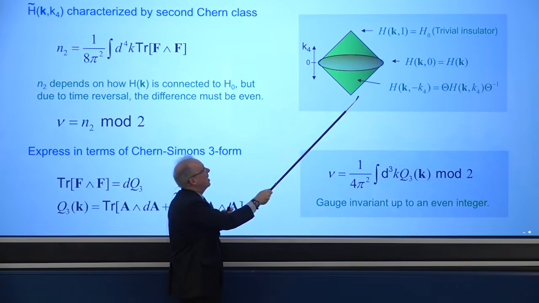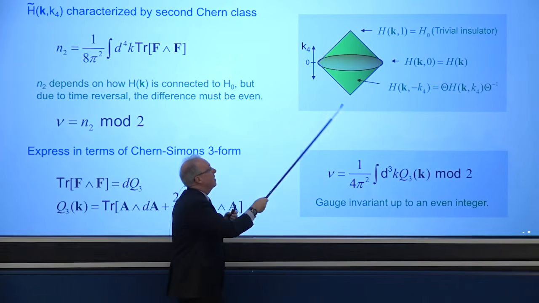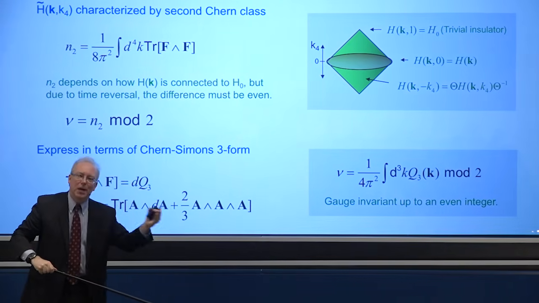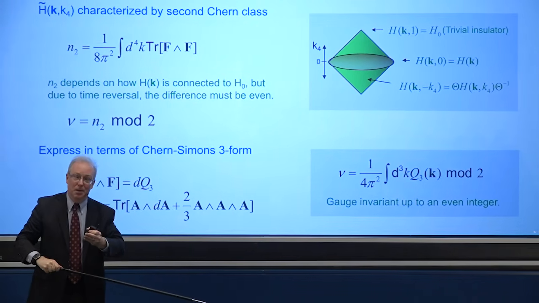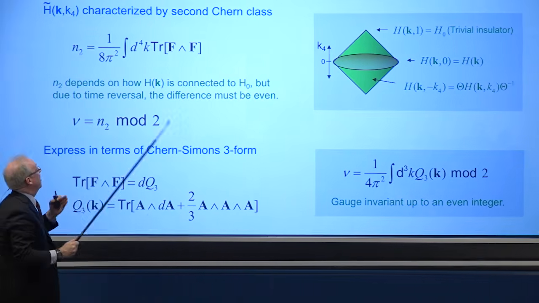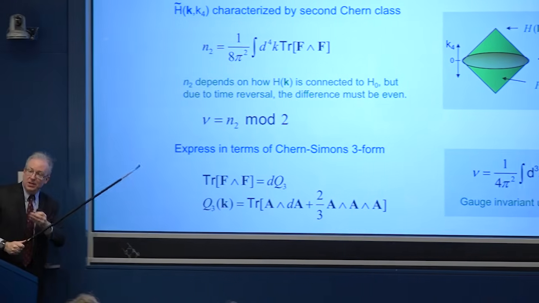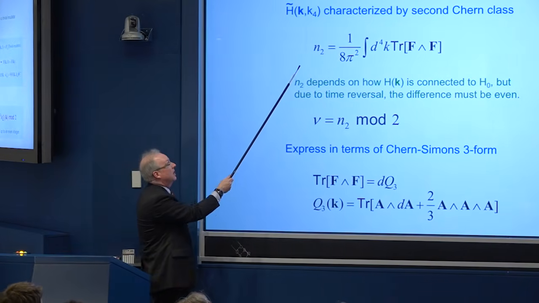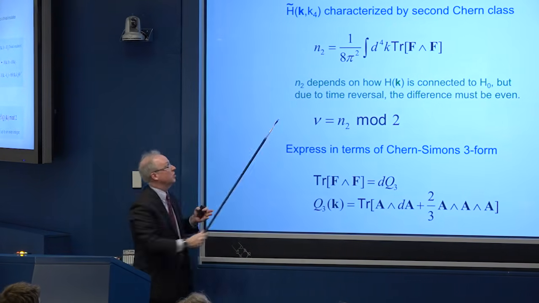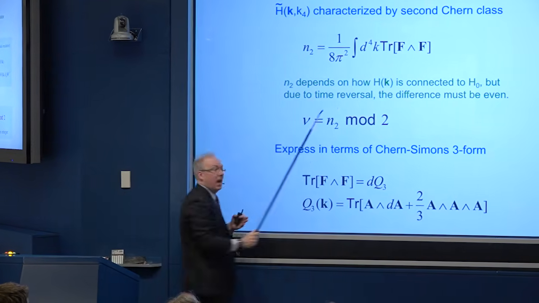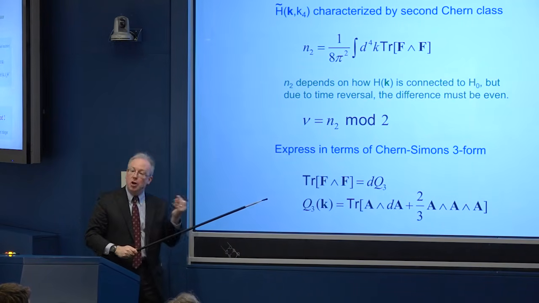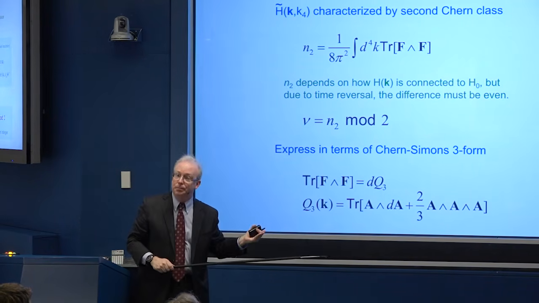Okay, and so that defines for me now a Hamiltonian defined on a 4-dimensional manifold. Okay, and on that 4-dimensional manifold, as we heard in the first talk, that can be characterized by an integer second Chern number, which is the integral of f wedge f over the 4-dimensional space. And this, like the first Chern number, is guaranteed to be an integer.